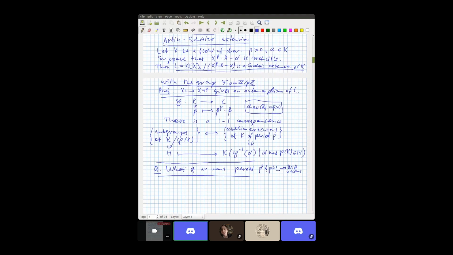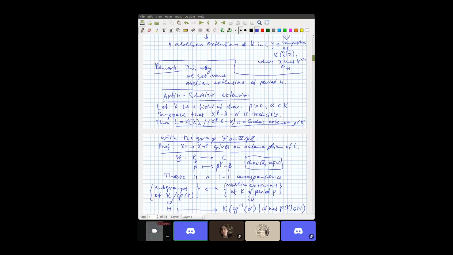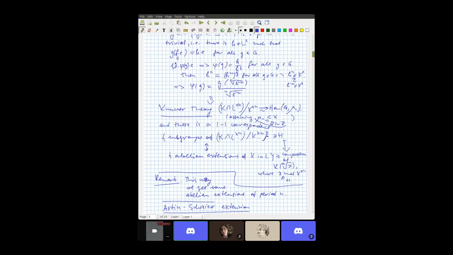But let us come back to our abelian extensions of period p. So how did we prove that this is actually a one-to-one correspondence in the case of Kummer theory? Here we just use Galois theory.